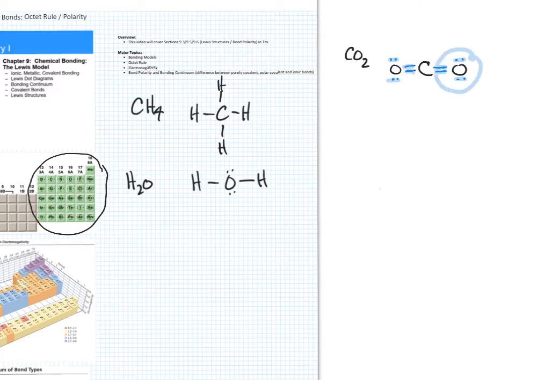All right, so 8 electrons around this oxygen, 8 electrons around this oxygen, and then 2, 4, 6, 8 around the carbon. And the octet rule is satisfied for the carbon. So what do we call these? Let's erase all these markings I've just made. We call these double covalent bonds.